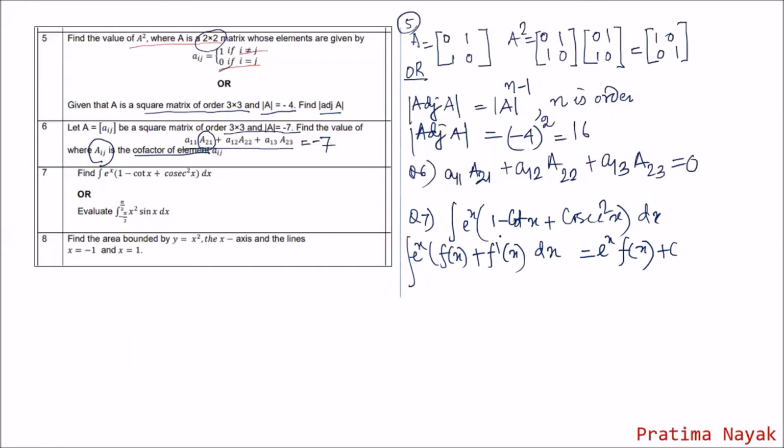You have to find out which one is the function and which one is its derivative. If you see carefully, this is your function, and cosec square x is the derivative of this. This is f dash x. So 1 minus cot x is the function, cosec square x is the derivative. So the answer will be e to the power x into 1 minus cot x plus c.